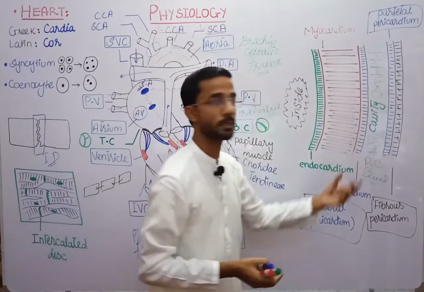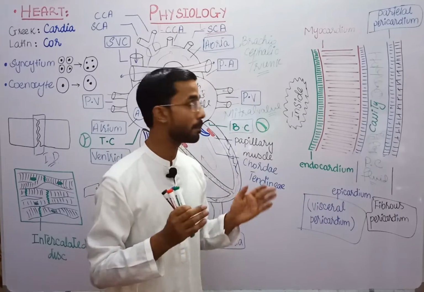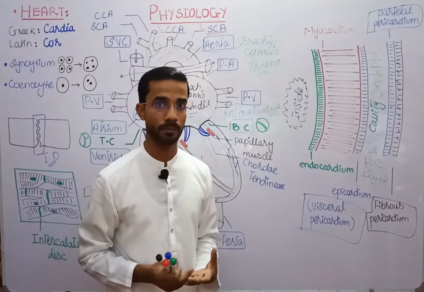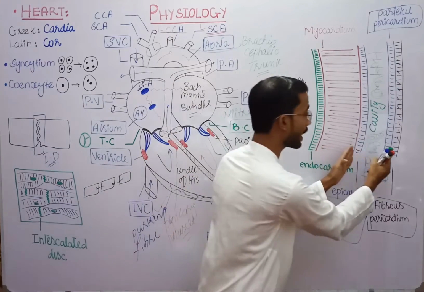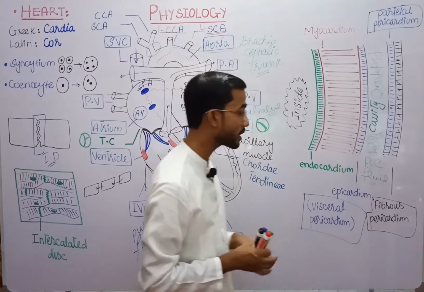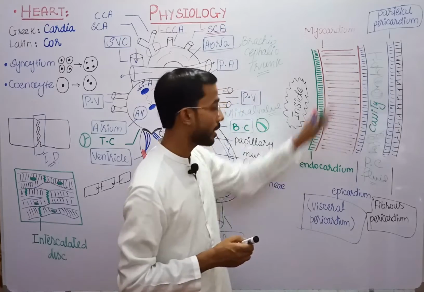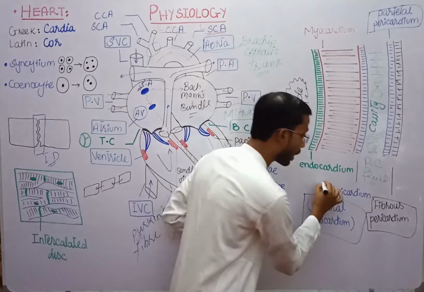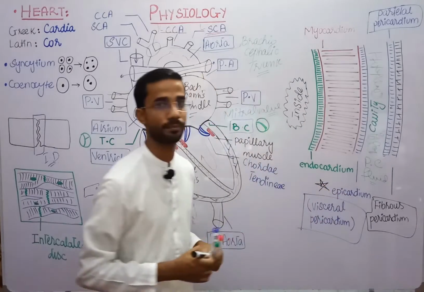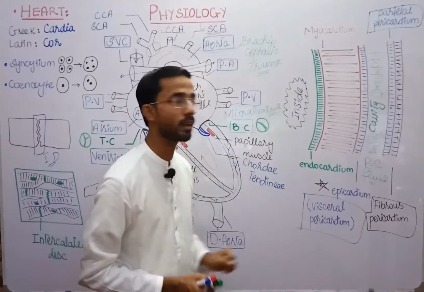These two layers, parietal pericardium and visceral pericardium, are basically the serous membrane, right? Because they are in direct contact with the pericardial fluid. And actually, remember, this is very important. The visceral pericardium is also called the epicardium.